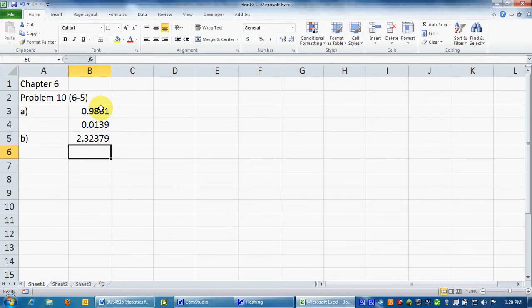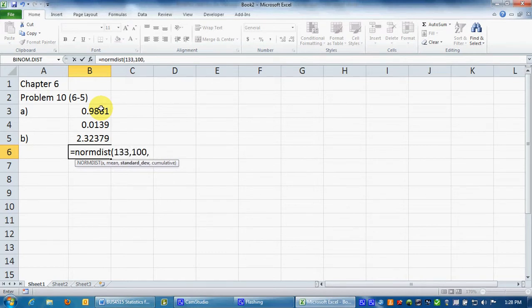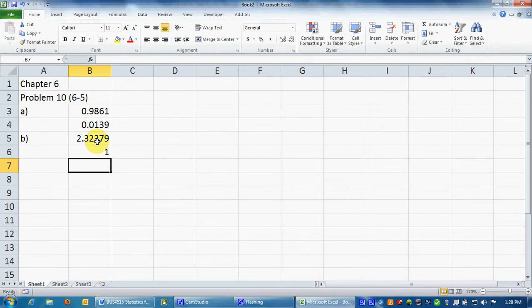So now what we're going to do is re-enter the previous information, and we have a new standard deviation, so we're going to reference that cell. Once again, hit 1. The answer they give us is 1. And then we're going to take 1 minus that number again, which of course 1 minus 1 is 0.